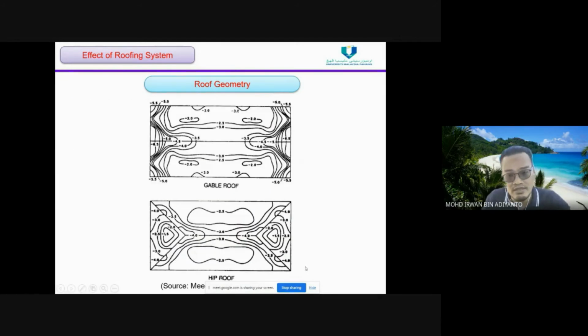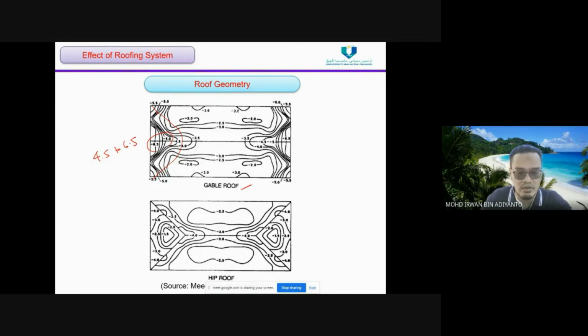As you can see here, this is the pressure analysis for both the gable roof and the hip roof. For the gable roof, you can see here at this corner the pressure is quite high, between 5.6 and 6.5.